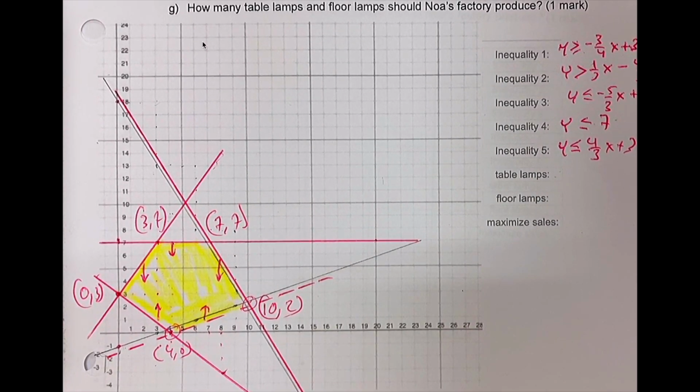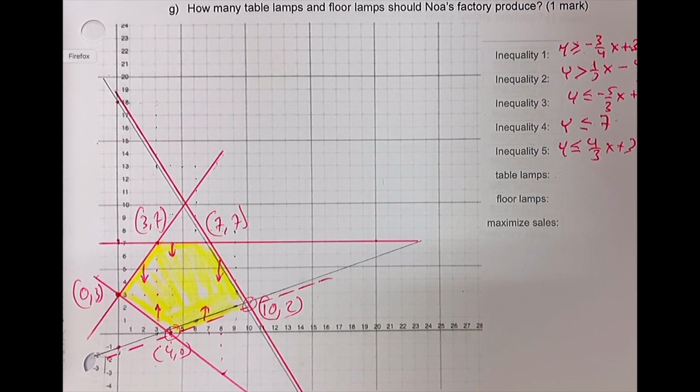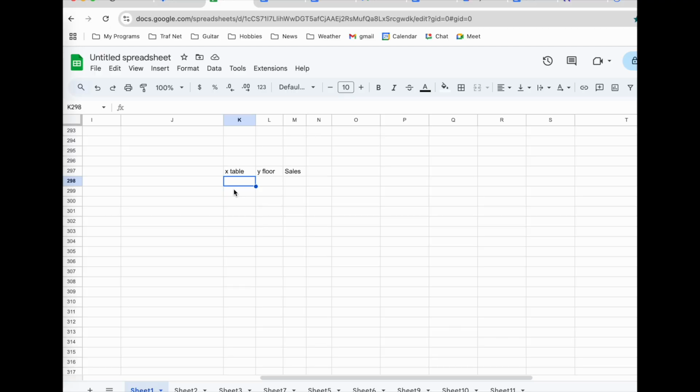I'm going to plot all those points in my spreadsheet. I'm going to start at the 0, 3 and work my way counterclockwise. Sales is the maximizing function: 939 times whatever the x is, plus 958 times the number of floor lamps. I'm going to fill that down.